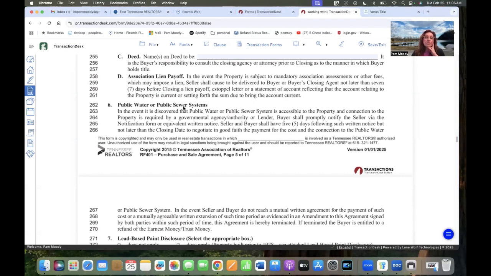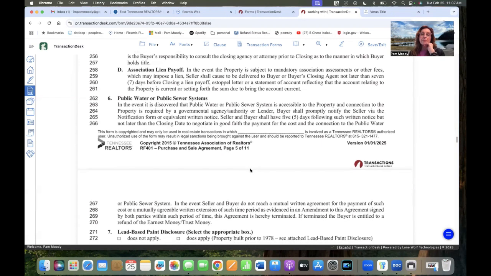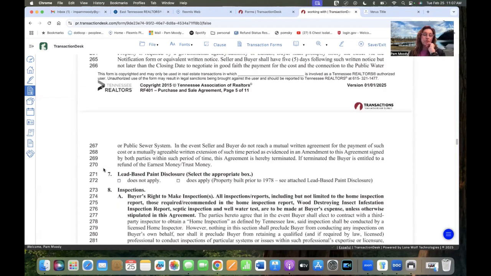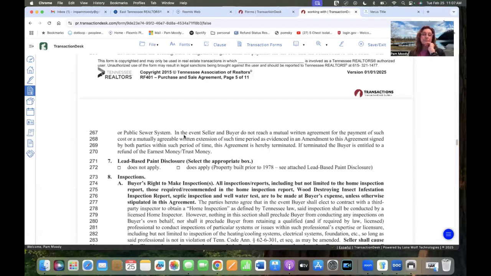Public water or public sewer systems. In the event it is discovered that public water or public sewer system is accessible to the property and connection to the property is required by a governmental agency, authority, or lender, buyer shall promptly notify the seller via the notification form or equivalent written notice. Seller and buyer shall have 5 days following such written notice, but not later than closing date, to negotiate in good faith the payment for the cost in connection to the public water or public sewer system.